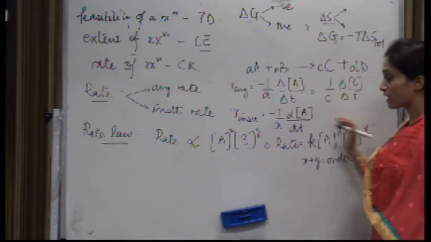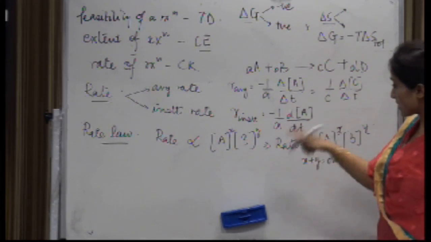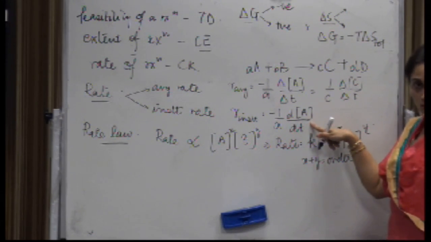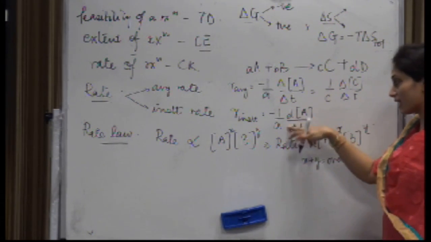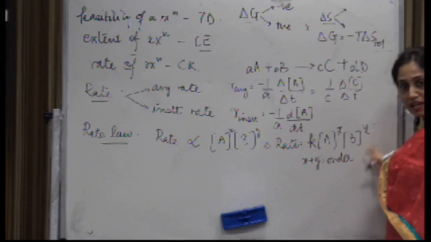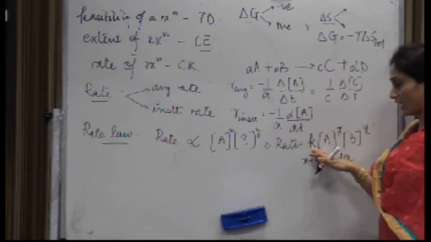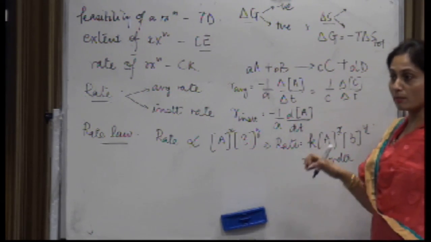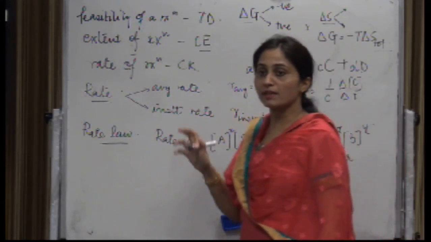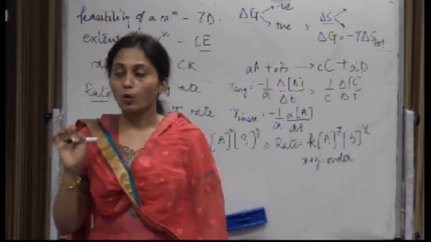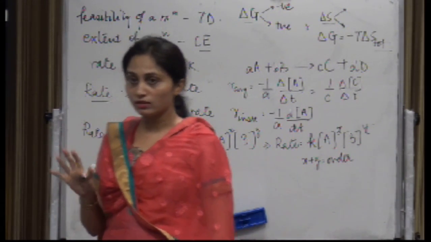This is also known as your rate law equation. This rate is the same as this rate. And then this will be equal to your expression that is given by the rate law. So you have rate to be equal to k, which is your rate constant. Remember that your rate constant is dependent upon the temperature. All physical parameters are dependent on temperature.